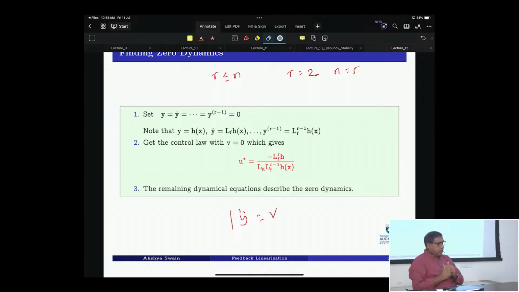I have a good relationship with 15 people. The relative degree is 15, not 20. If the relative degree were 20, then I would have a linear relationship with all 20 people. So y to the 15th derivative is equal to v. That means I have a good, linear relationship with 15 people.